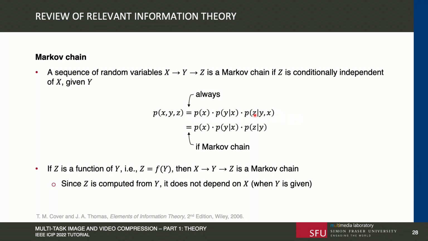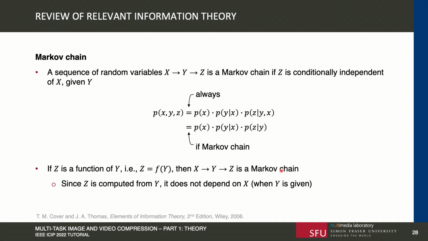That's always true. But if this chain happens to be a Markov chain, then you can drop the last conditioning on X, and so the joint probability factors into p(x) times p(y given x) times p(z given y). So only one-step conditioning is needed.